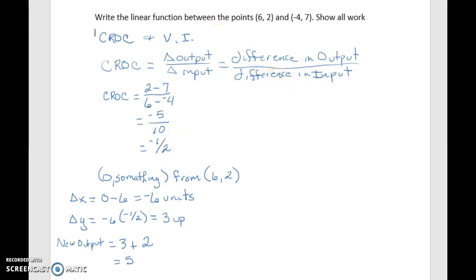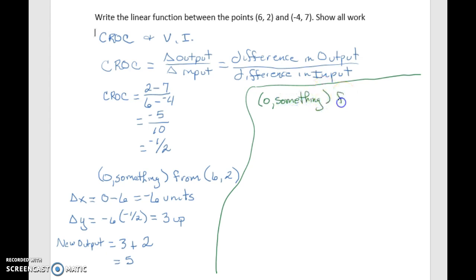And if we wanted to do it with the other ordered pair, it's the same process. So we would go 0 something again, and we want to go from negative 4, 7 from this point. And so again, all you're doing is what we've been doing in the tables.